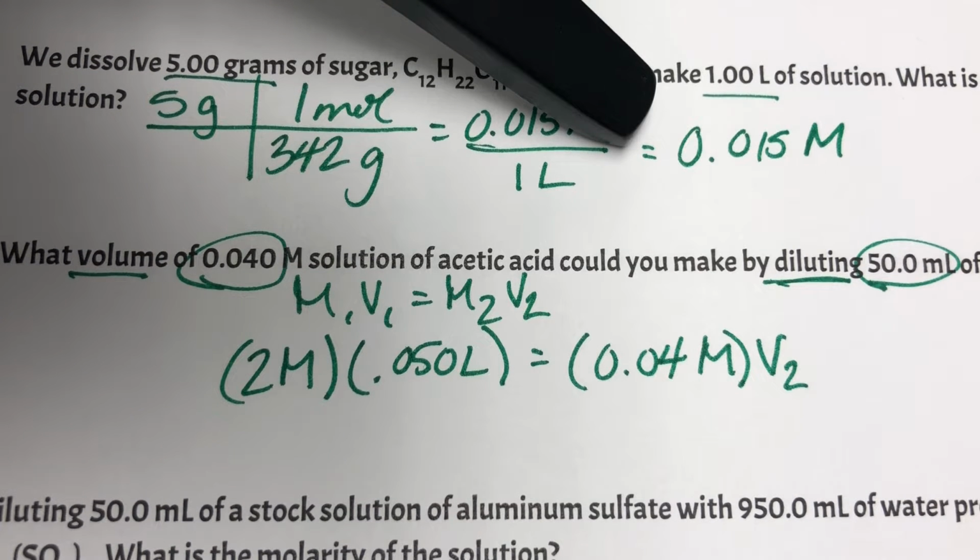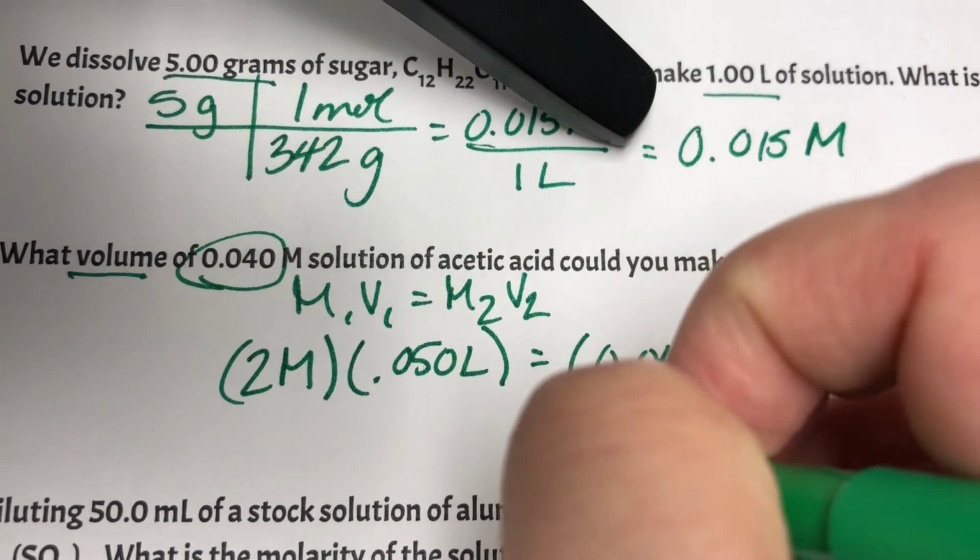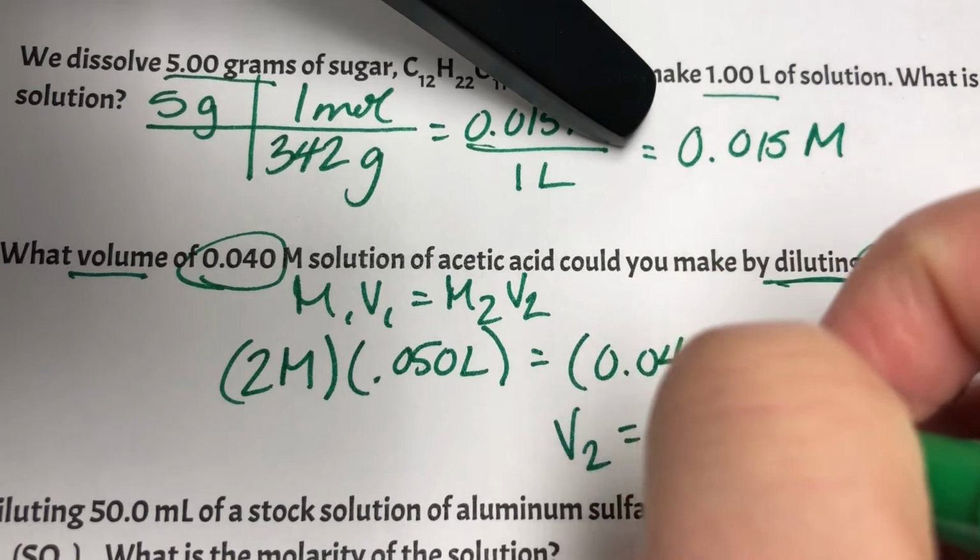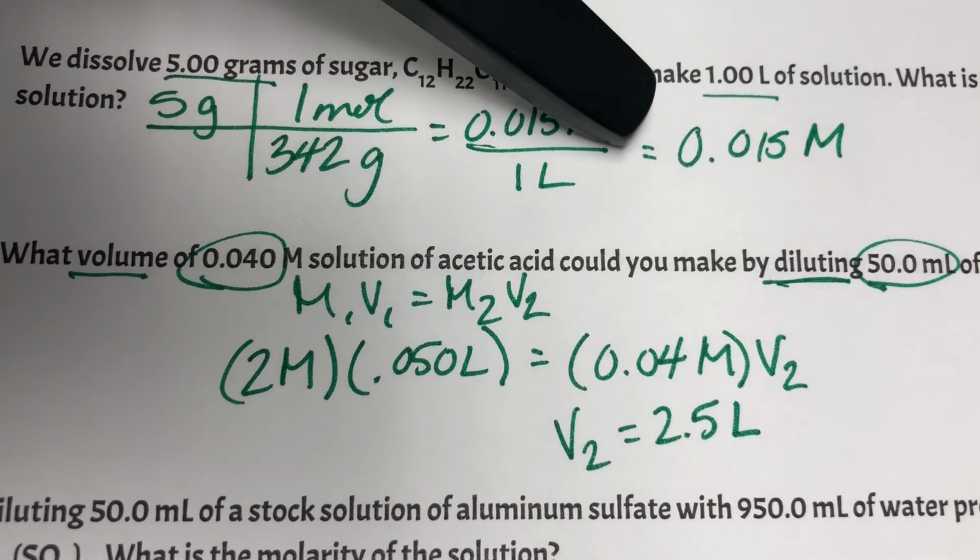So then I'm solving for the volume. So I have 2 times 0.05, and I divide that by 0.04. So my new volume is 2.5 liters.